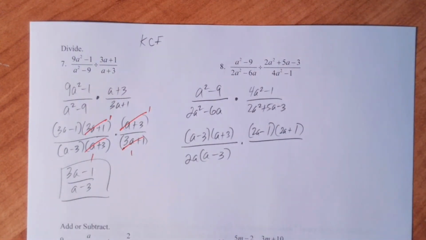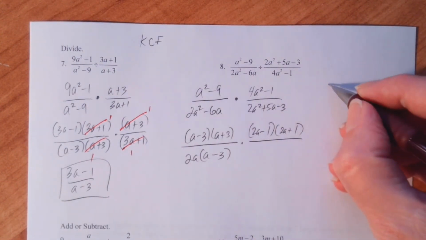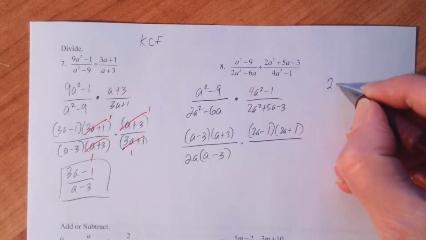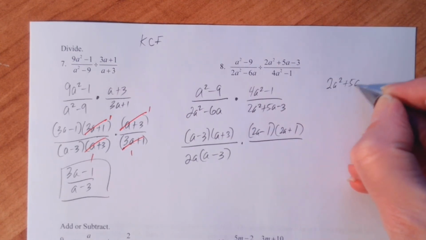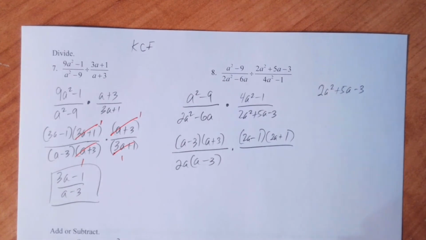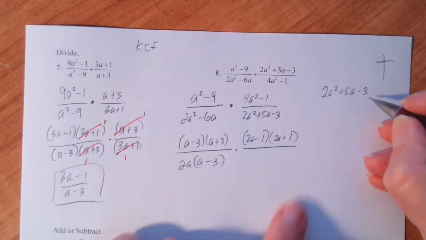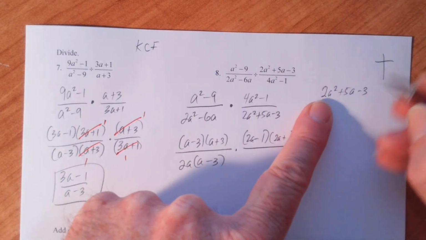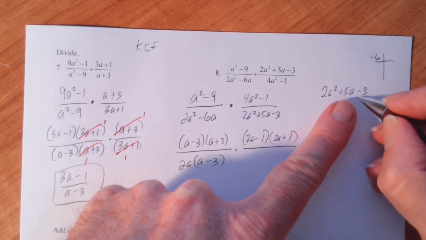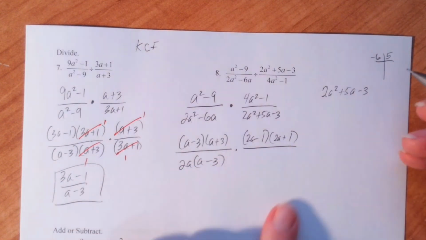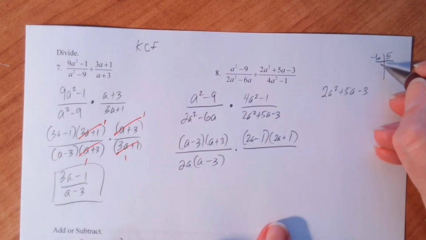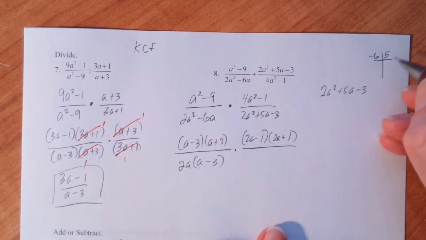All right, so let's see, we need to factor this trinomial, 2a squared plus 5a minus 3. We're going to use the AC method, and we don't really have a shortcut here because it's not a 1a squared. So in this case, AC is 2 times negative 3, or negative 6, and our b term is 5. So I need two numbers that multiply to negative 6 that add to 5.